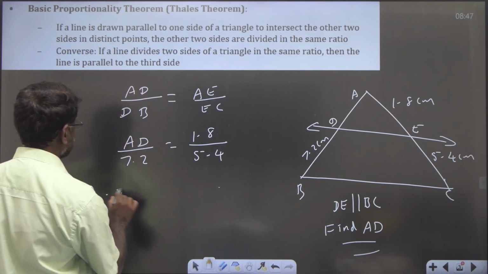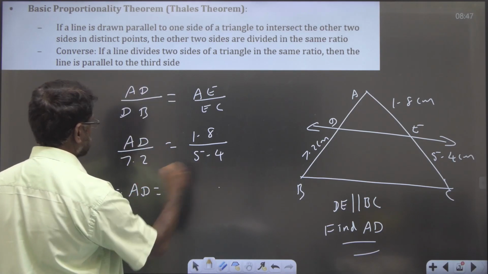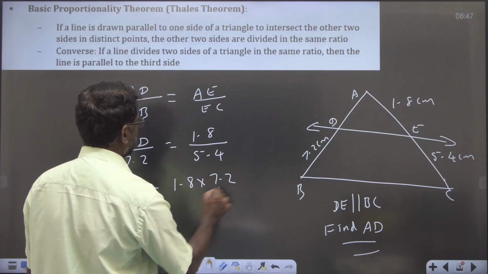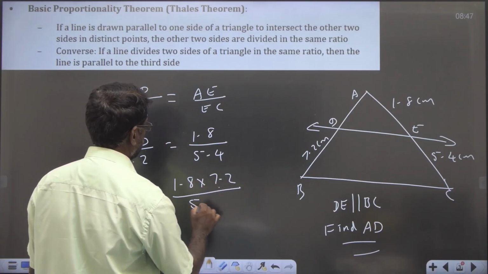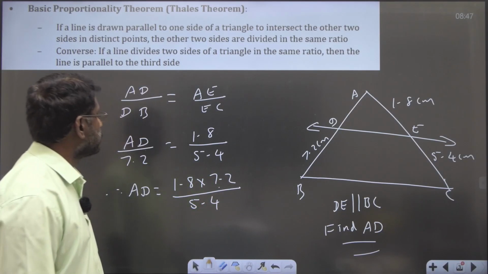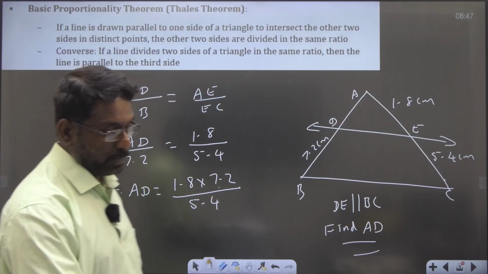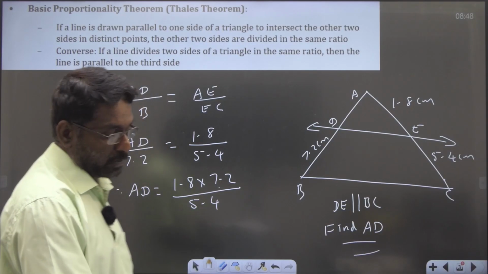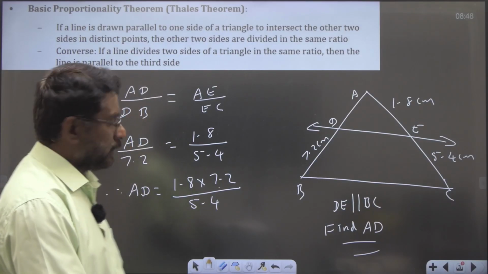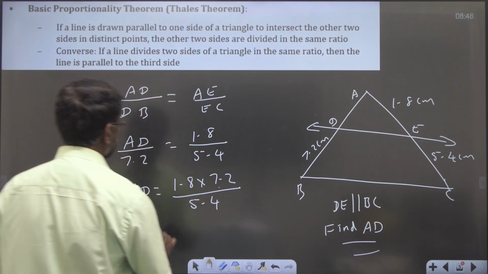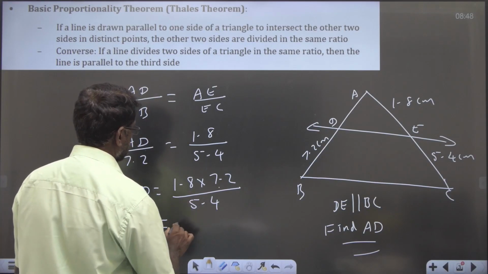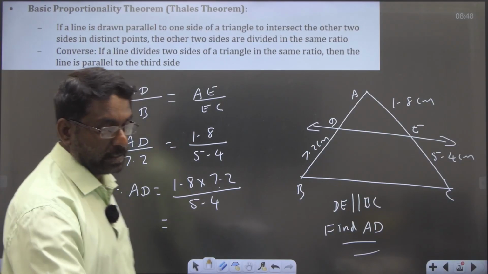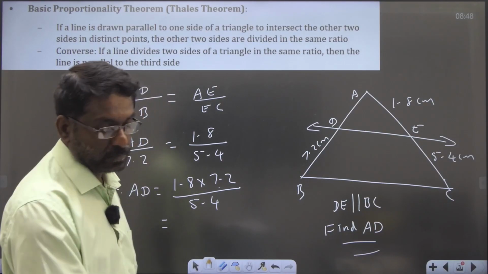Therefore, AD is equal to, by cross multiplication, 1.8 into 7.2 divided by 5.4. We can simplify this, you can use any method, no problem.